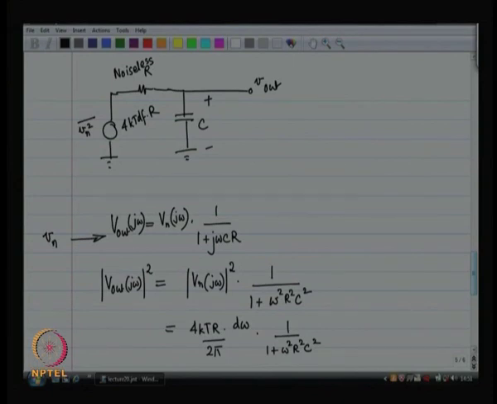Now, when you talk about a resistor, the noise that you see over a given bandwidth df is 4kTR times df. I am interested in finding out how much noise, right. This is some sort of an RC network, presumably a low pass structure, it does not matter.